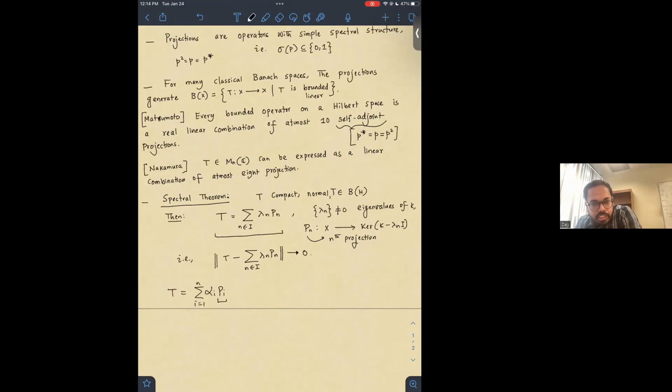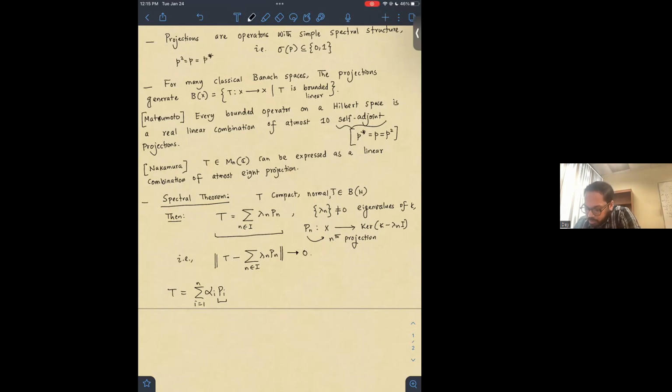No, I don't think I still understood your question. Can you repeat that again? Sorry. Maybe I'm understanding. You're saying that every operator is a linear combination of self-adjoint projections. Why doesn't that imply that every operator is self-adjoint? Yes. Does that seem somewhat like what you were asking?